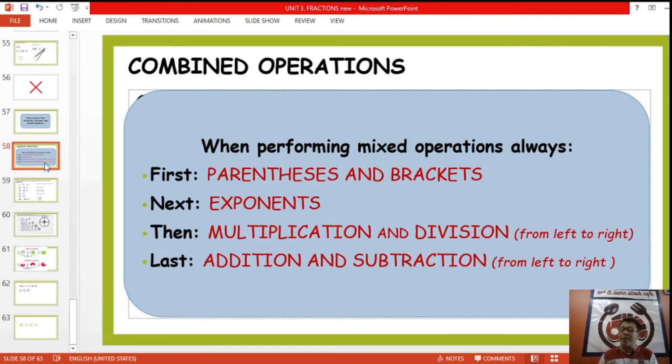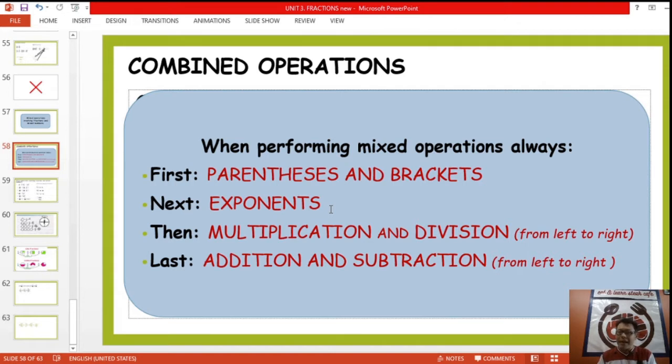When performing mixed operations, always deal first with the numbers or fractions with parentheses and brackets. You deal with that first. Then after that, you deal with exponents. If you forget what parentheses and brackets are, go back to this video. And exponents, the other term for this is power.